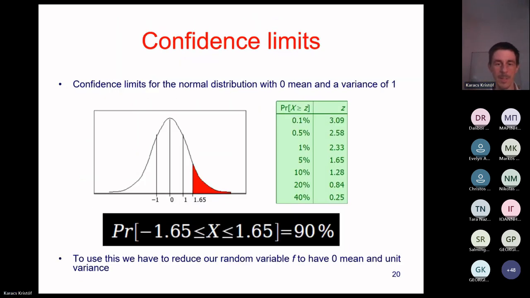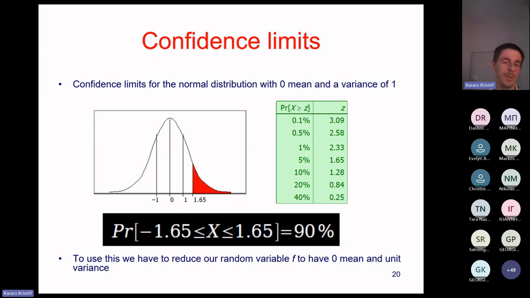So if we have a classic normal distribution, a bell-shaped curve, then we can basically calculate based on the properties of the distribution what is the chance of the prediction falling inside certain limits.